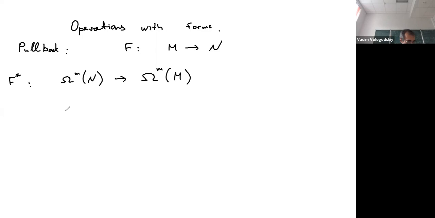So if you have any point p on N, we can look at the tangent space at point p, and we have the differential, the derivative map d_p F, from this tangent space to this tangent space.